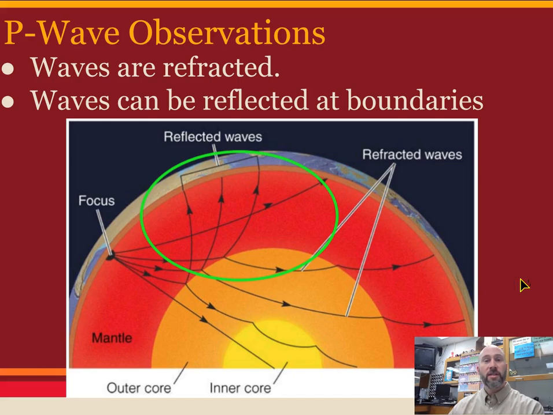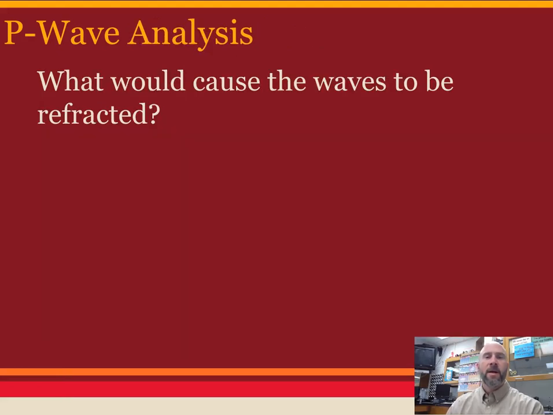The reason we have those shadow zones is because the waves are being refracted and reflected as they pass through Earth. With the focus of the earthquake occurring here, some waves are reflected off to the surface, but some are refracted, or bent, as they go through the Earth. As a result, you end up with this shadow zone, where we're not detecting any of those P waves.